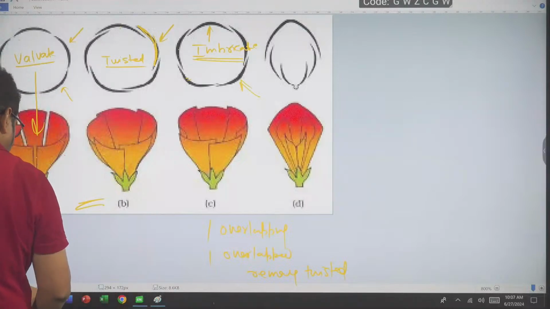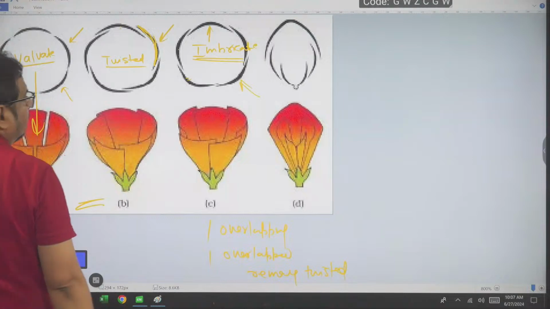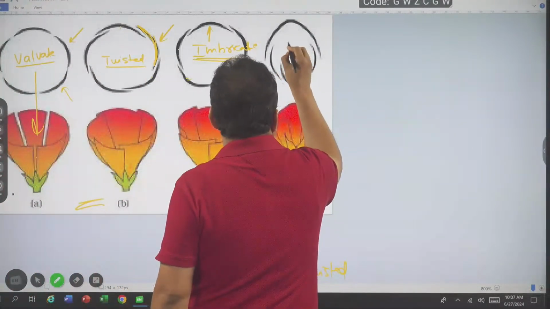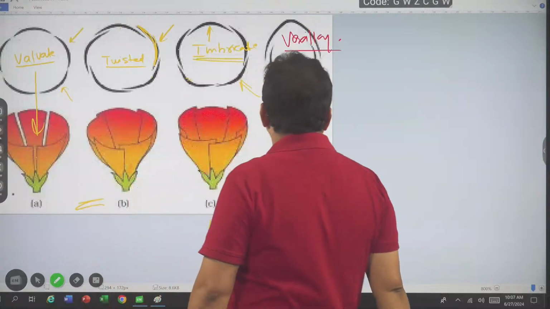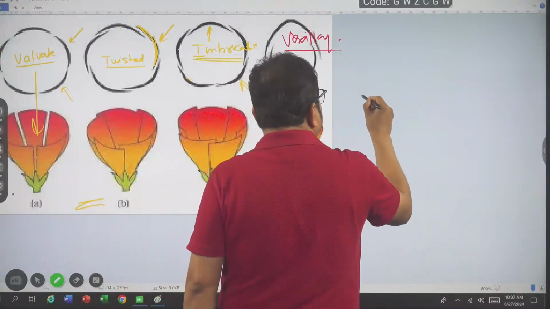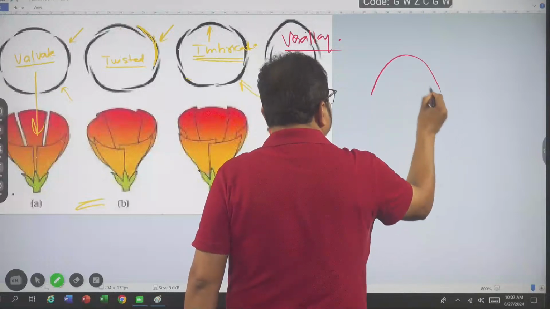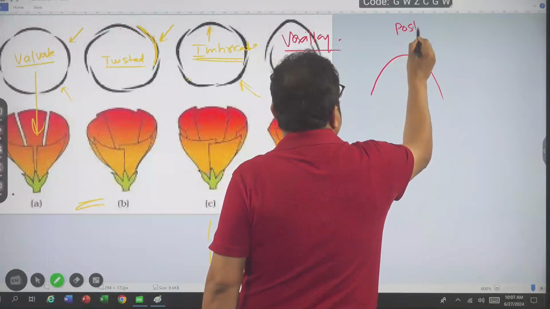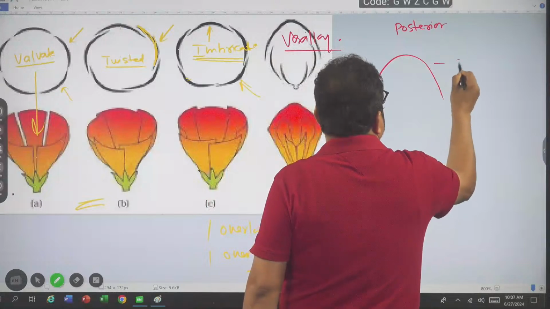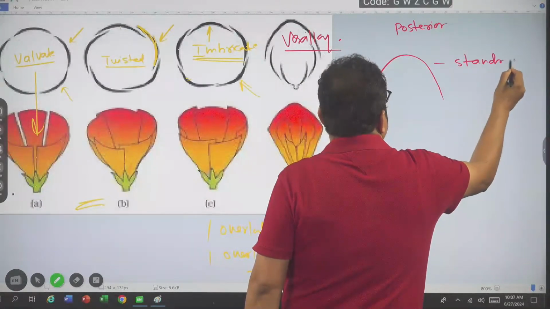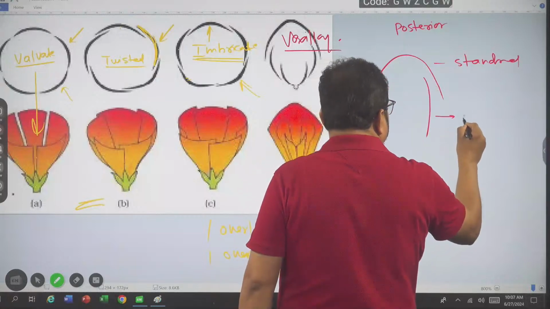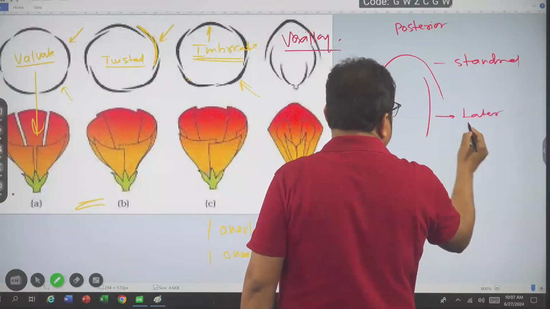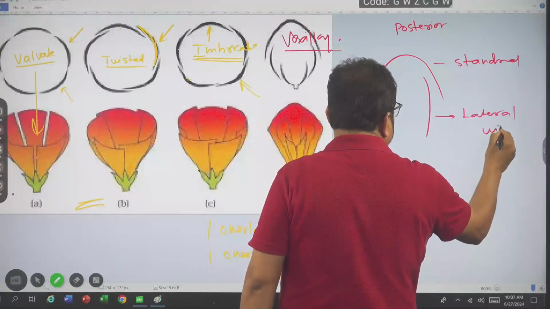Now, the last one we are going to discuss here is vexillary. Got the idea? So in vexillary, what are we finding? One posterior petal is there, and it is called standard. Two lateral ones are there like this; these lateral petals are called wings.